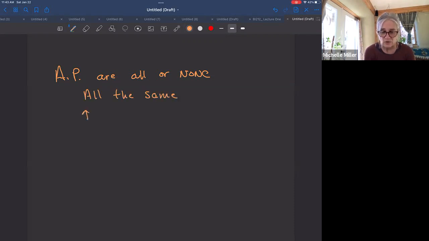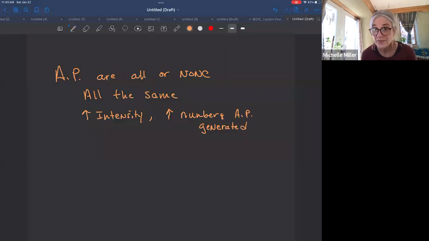Now, if we have an increase in the intensity, it has to do with the increase in the number of action potentials generated. Not that it is a stronger action potential.